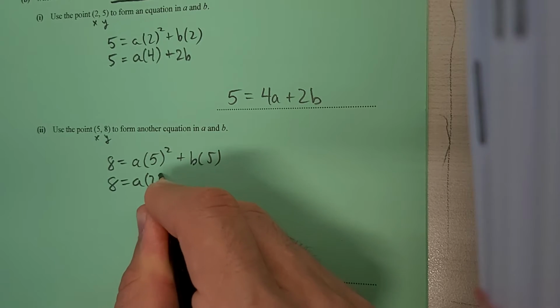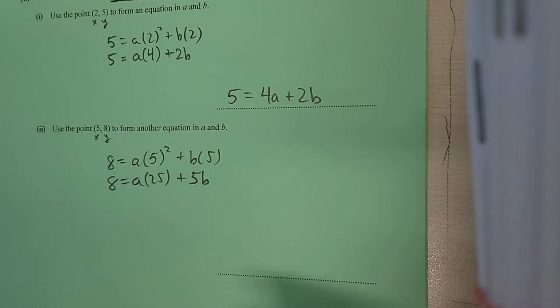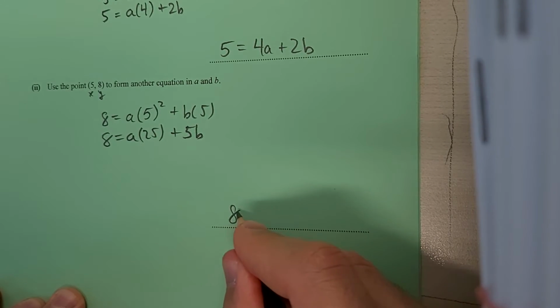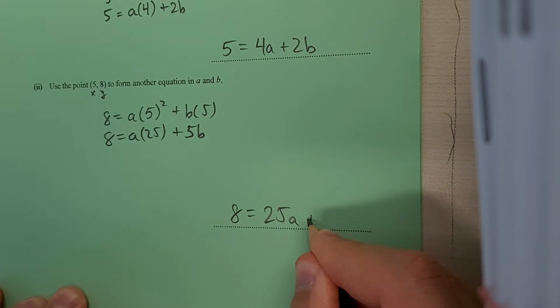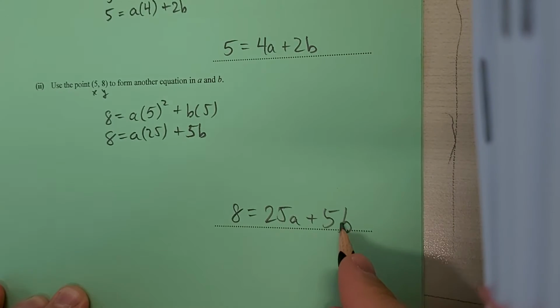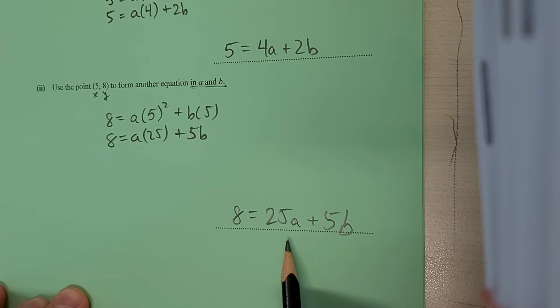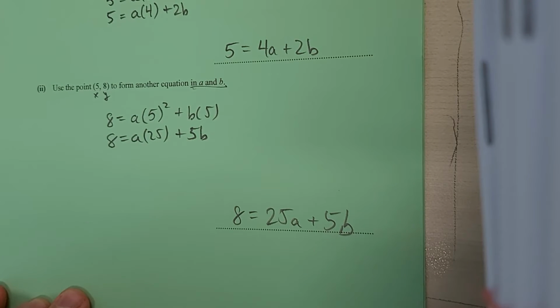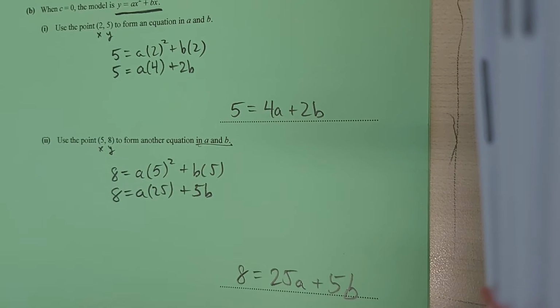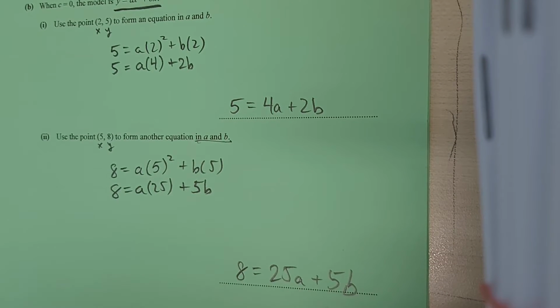Square the 5, and then, of course, write that properly. 8 equals 25a plus 5b. Again, that's an equation in a and b, which means that it only has the variables a and b in it. So I've made 2 equations.